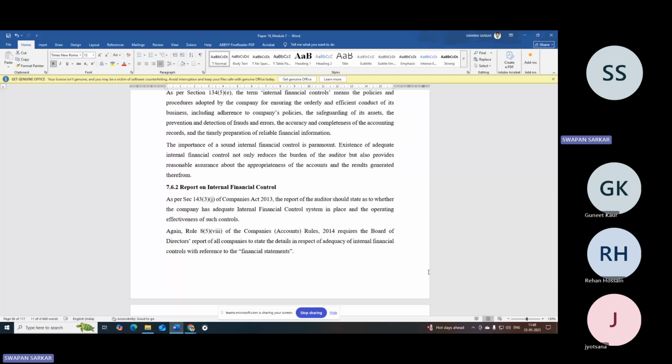Again, Rule 8, Sub-Rule 5 of the Companies Accounts Rule 2014 requires the Board of Directors' report of all companies to state the details in respect of adequacy of internal financial control with reference to the financial statements.